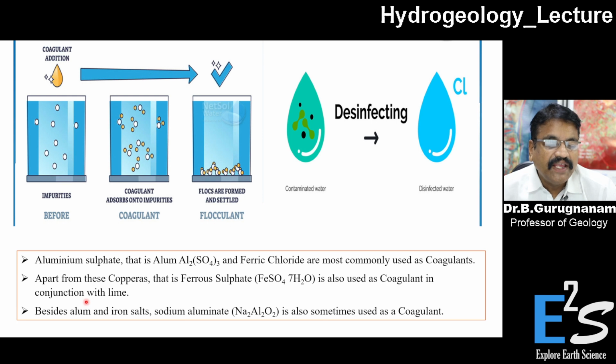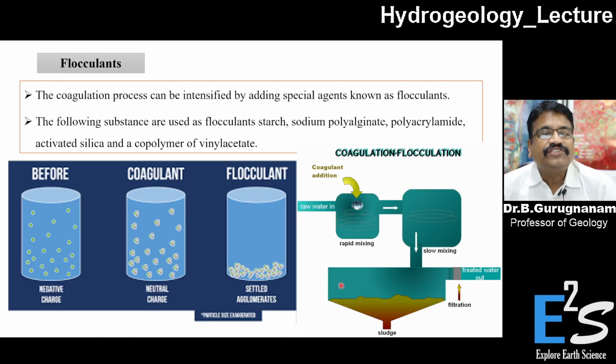You have to use lime also. Besides aluminum and iron salts, sodium aluminate, Na2Al2O4, is also sometimes used as a coagulant. This depends upon the water type and quality, and we use this coagulant addition accordingly.